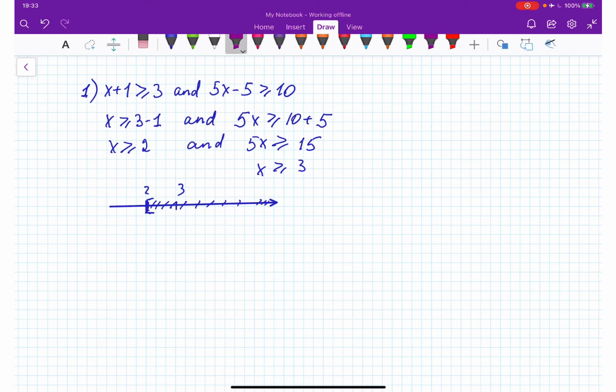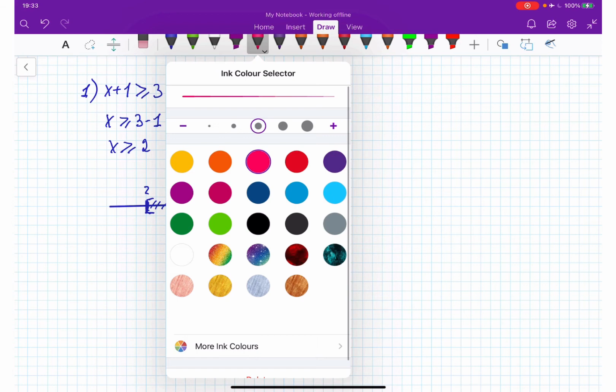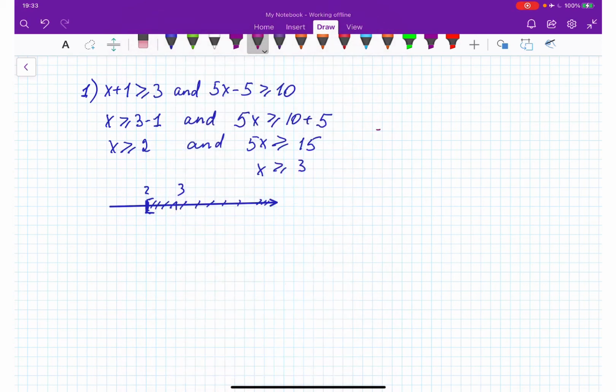And greater or equal 3, since its equal sign is there, comes this way. Because we have "and", we need to find the area that satisfies both of them. So starting from 3, right? And greater than 3 will satisfy both conditions.